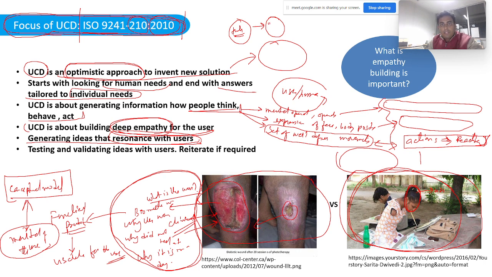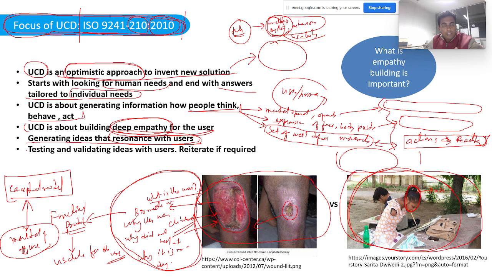Ancillary requirements are the other requirements which are systemic and behavioral in nature, but they mainly address the usability aspect. That is the focus of UCD.